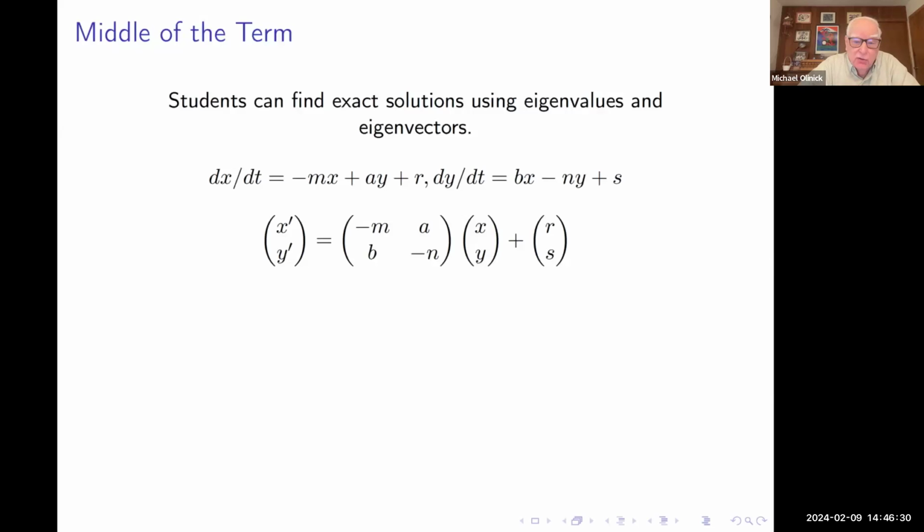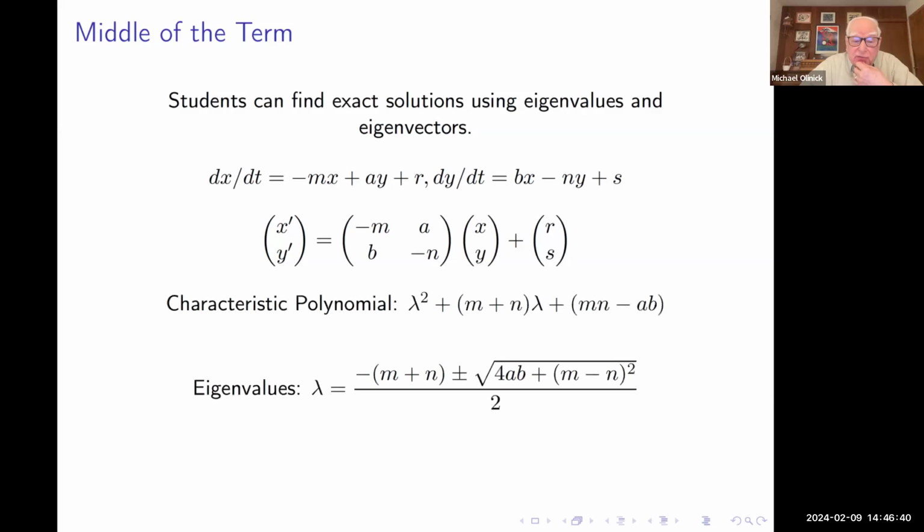When we get to the middle of the course, where students in a differential equations course are actually beginning to look at linear systems and looking at the matrix of coefficients for the system, they would look at the characteristic polynomial and notice that the constant term here is this mn minus ab term.